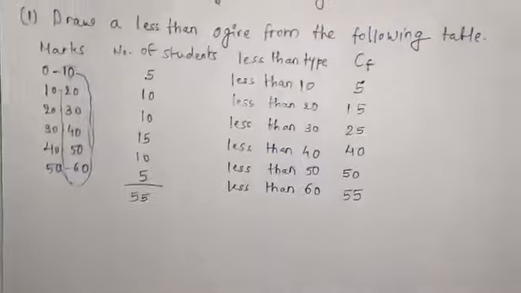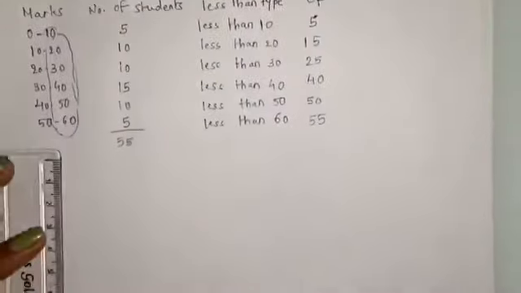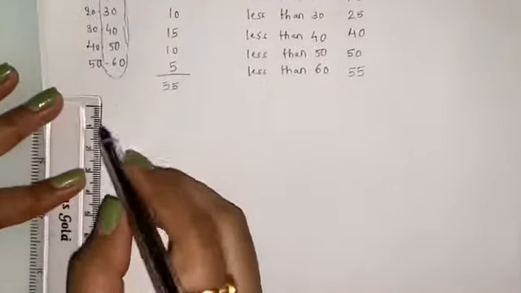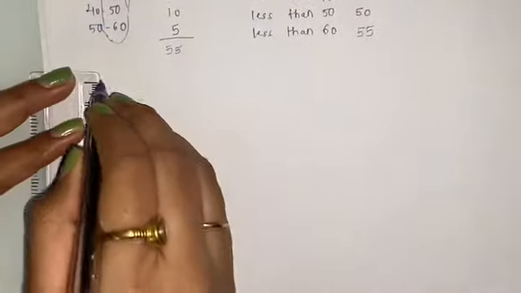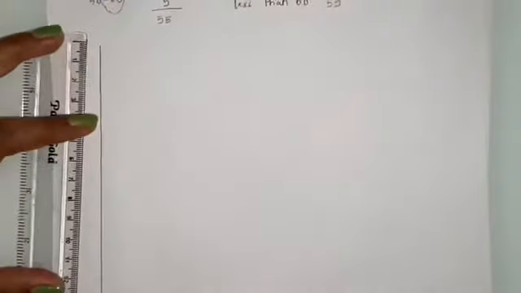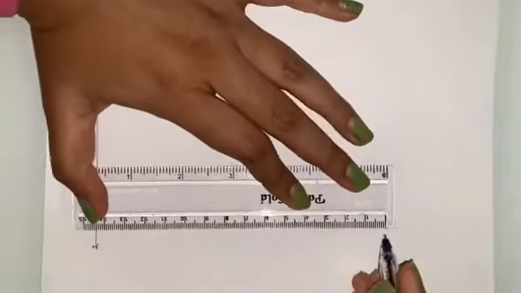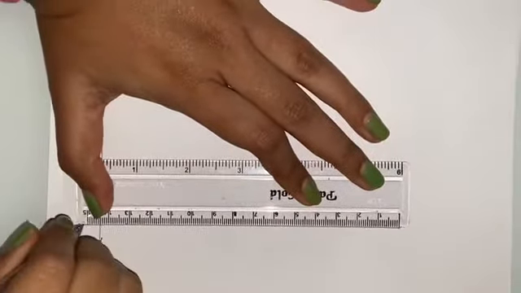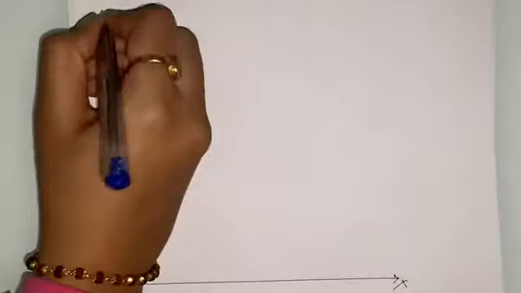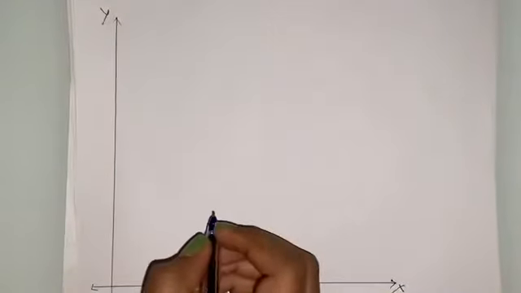Now I have to draw a cumulative frequency curve or Ogive. This is the x-axis, y-axis.